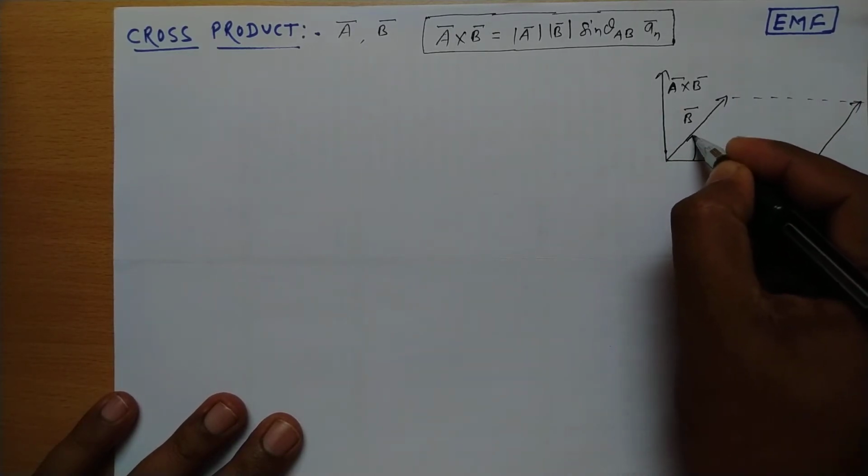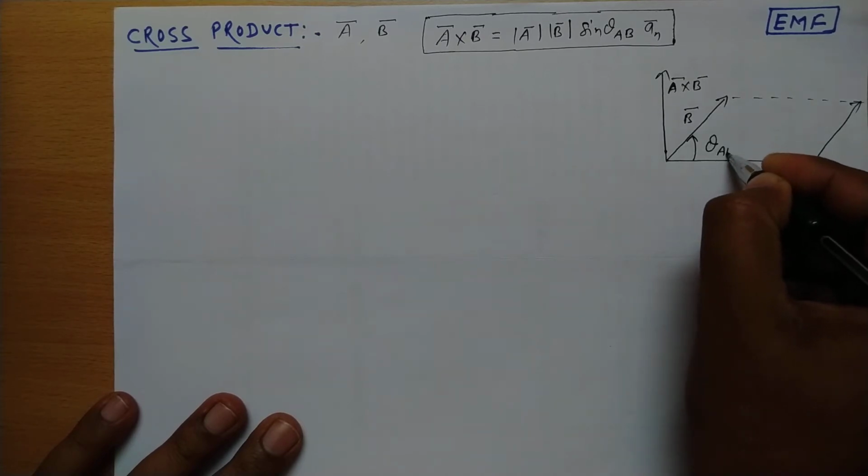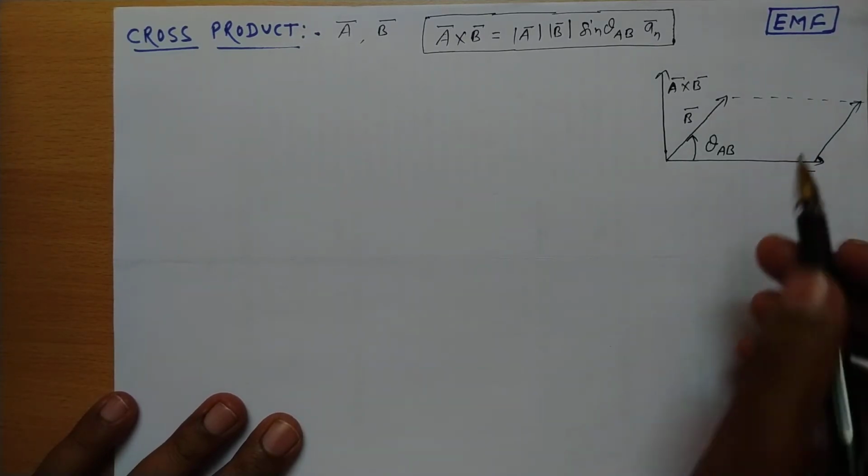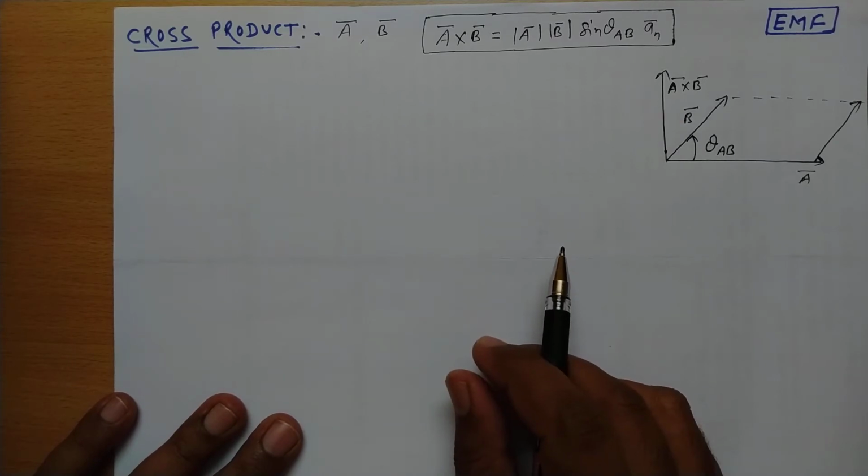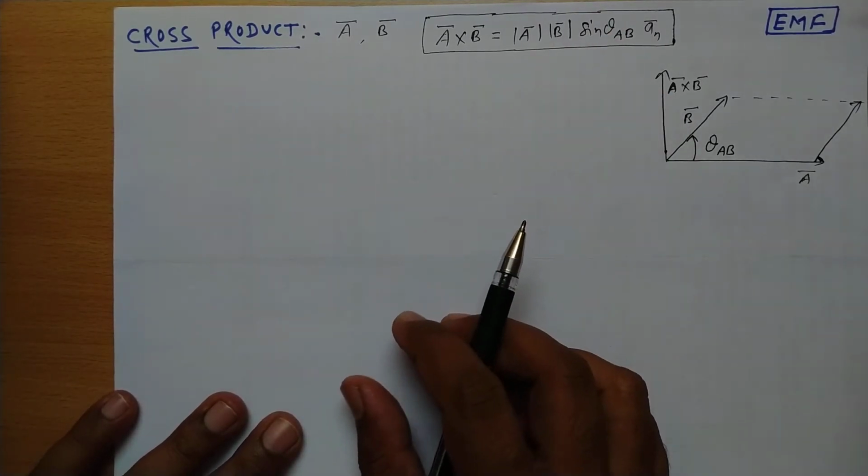And this is the angle theta between the vectors A and B. So I can define the cross product in this fashion, right?